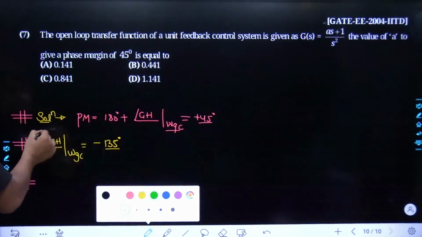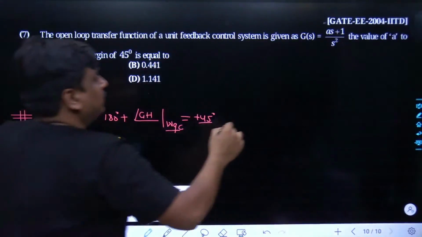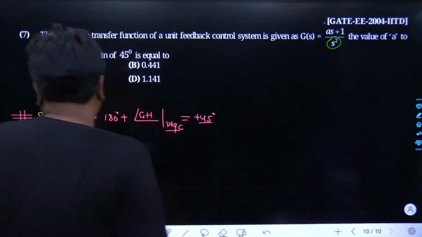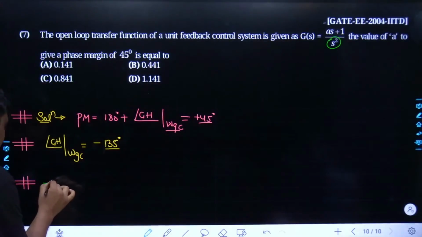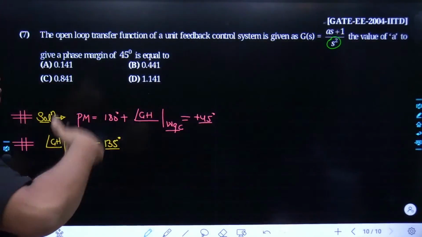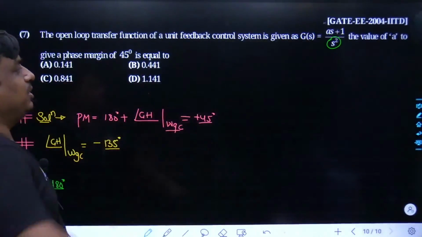In the next step, what would be the angle offered by the system? Because of 1 upon s square, the angle offered by the system would be minus 180 degrees, independent of any operating frequency, whether you take omega equals 0, omega equals infinity, or any intermediate frequency.